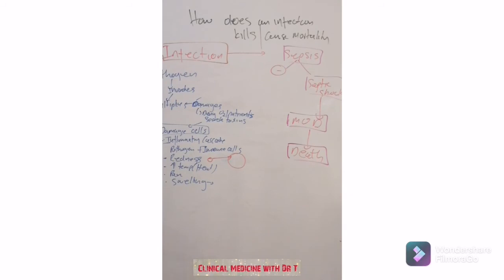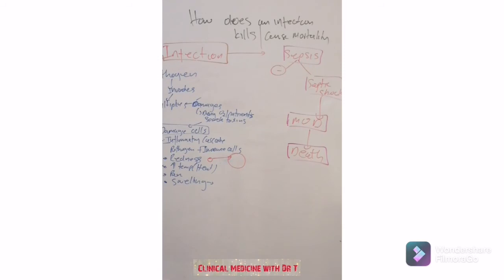Because when you expose a blood vessel to low temperatures, they constrict. That way you minimize the swelling, you minimize the pain, you minimize the redness. That's the reason why people put ice when they are having swelling and having pain from whatever.